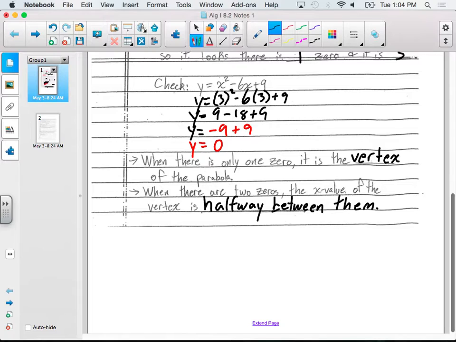So this one here, we have 2 zeros. The x value of our vertex is going to be halfway in between them. So here's our vertex, it's going to be halfway in between both of them.